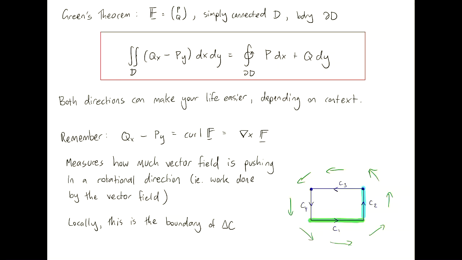So it turns out that both directions of this theorem can make your life easier depending on context. Typically, it's easier to go, well, I've got some line integral and I can just work out the curl and integrate up the area, because it is easier to get the curl. It's just taking derivatives. But sometimes it's useful the other way as well, and that's going to take us in a bit of an interesting direction.